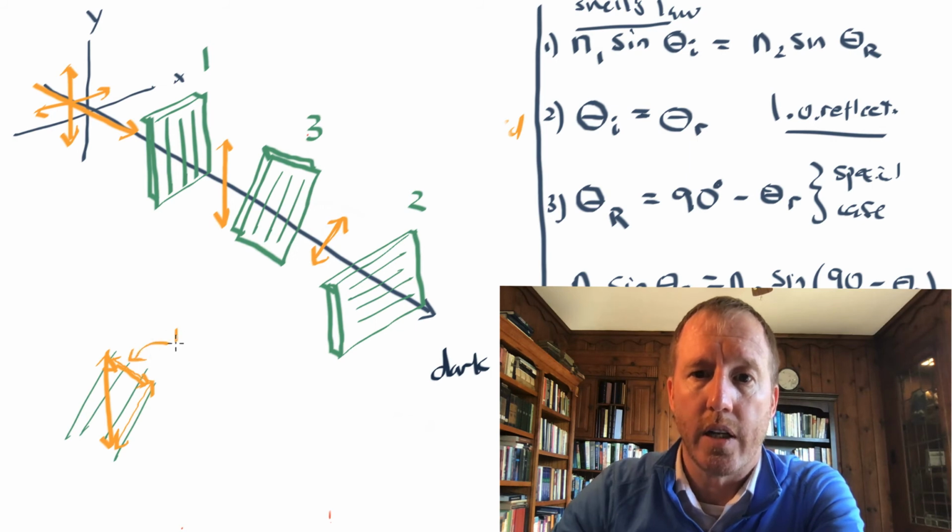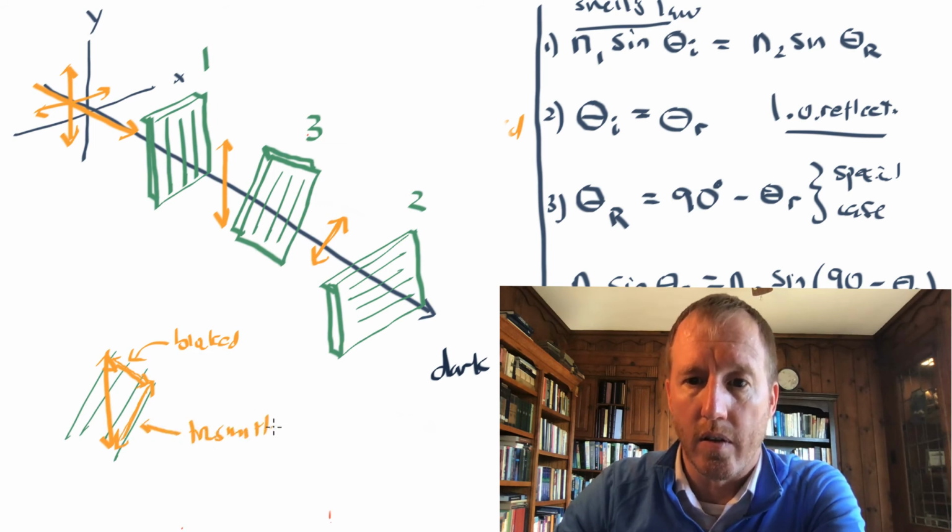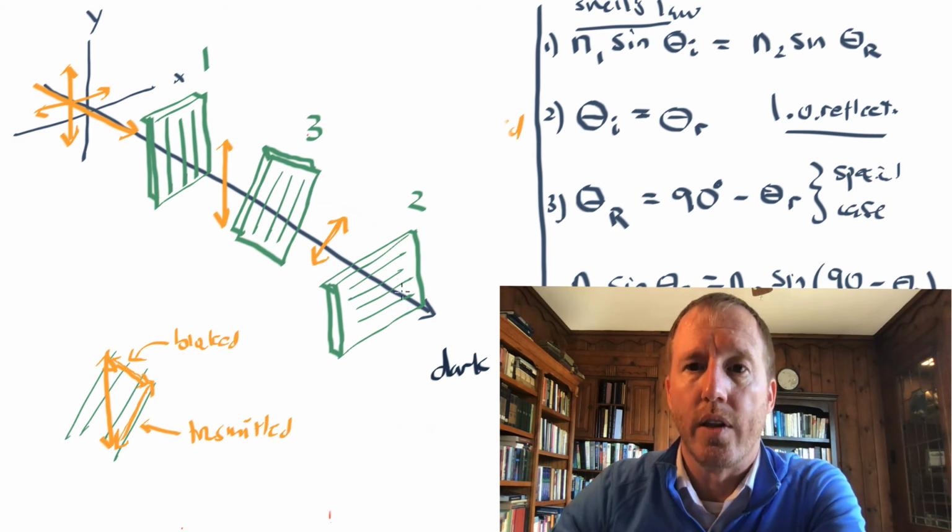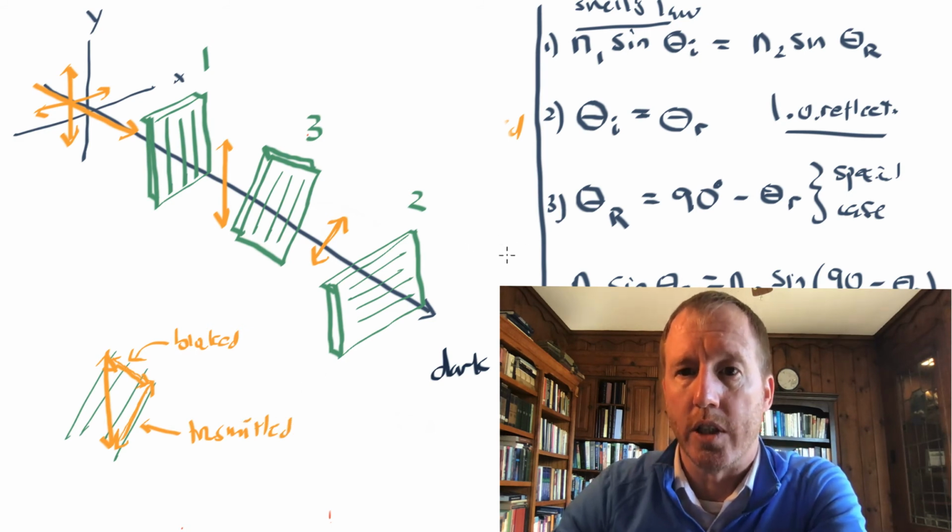This part right here will be blocked, but the part right here will be transmitted through this diagonally polarized tourmaline sheet, and that is exactly what's happening right here.